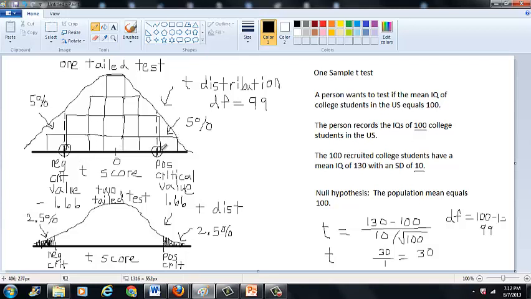If you commit yourself to the positive critical value, you can only reject if you make it up into this area. You're not allowed to reject down in this area. If you commit yourself to using the negative critical value, you have to reject in this area.